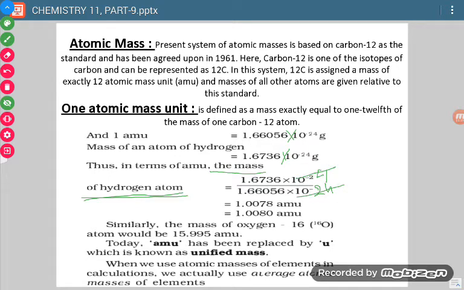These two terms cancel and we get the value 1.0078, or it will be equal to 1.0080. This is the rounding off of significant figures, which you have done. Similarly, if we want to find the mass of oxygen, it comes out to be 15.995 AMU. So AMU is atomic mass unit or unified mass.